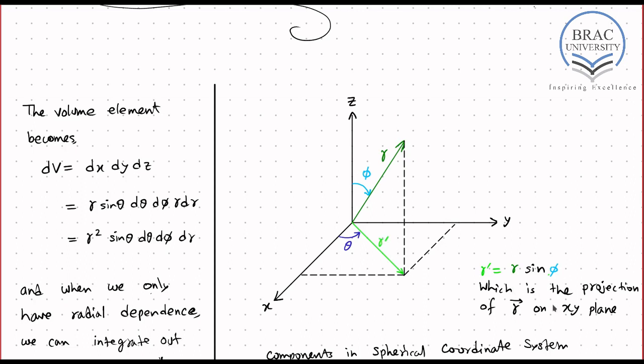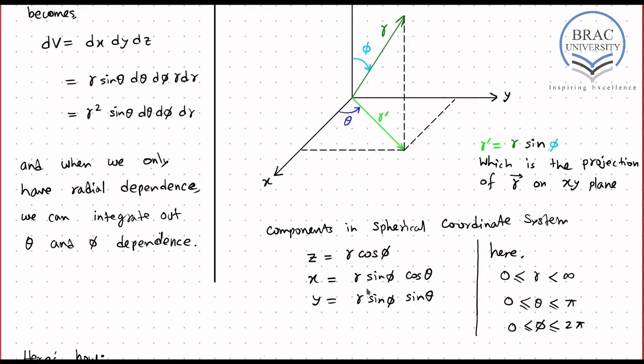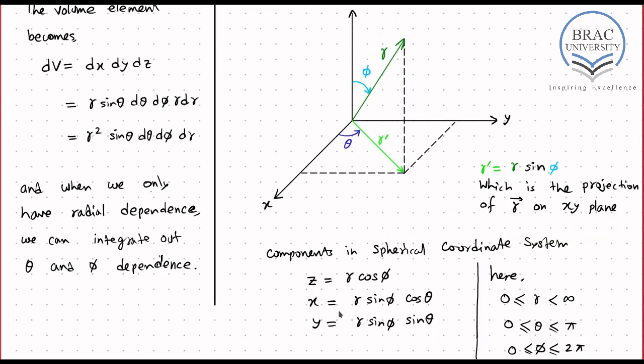This small r prime makes an angle of theta with the x-axis. If this is the case, then the x, y, and z components of this vector r are given by this relation. The z component is r cosine phi, the x component is r sine phi cosine theta, and the y component is r sine phi sine theta.